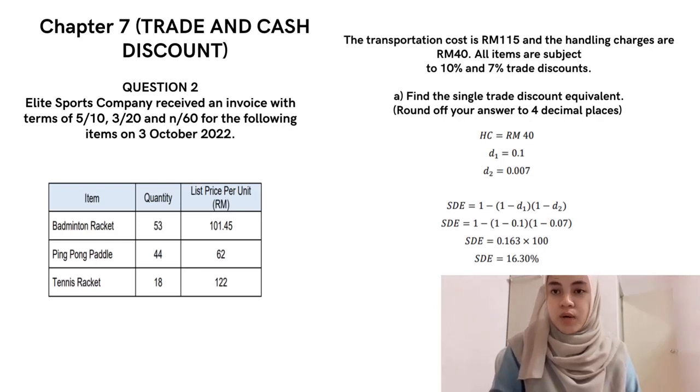The formula is 1 minus, in the bracket, 1 minus D1, new bracket, 1 minus D2. You just put in the information we labeled before, and we get SDE equals 0.163 multiplied by 100, which is 16.30%. That is the answer for question A.